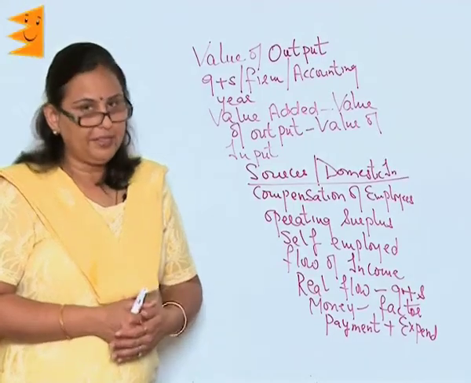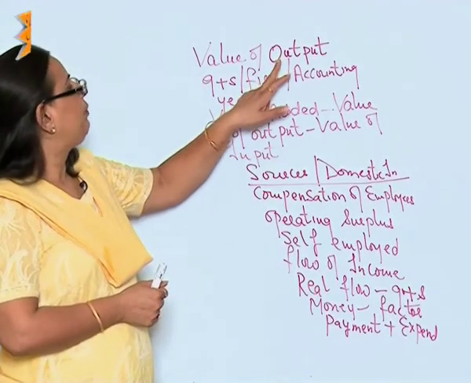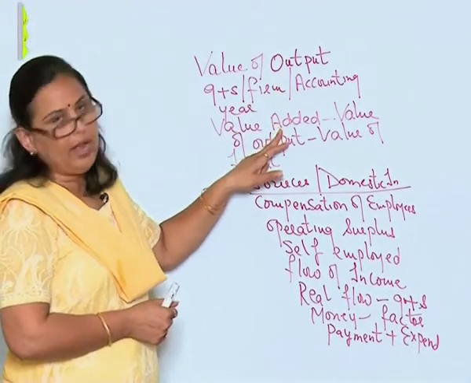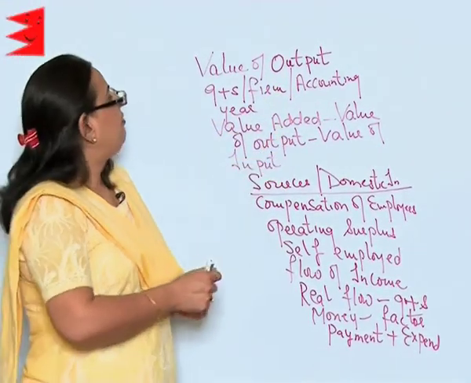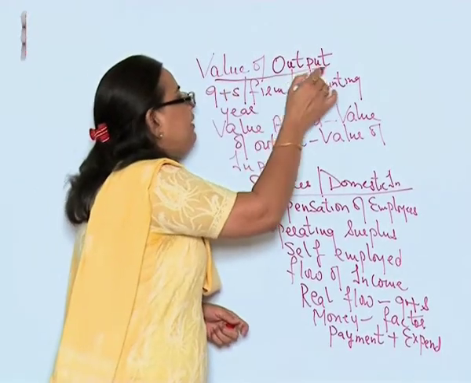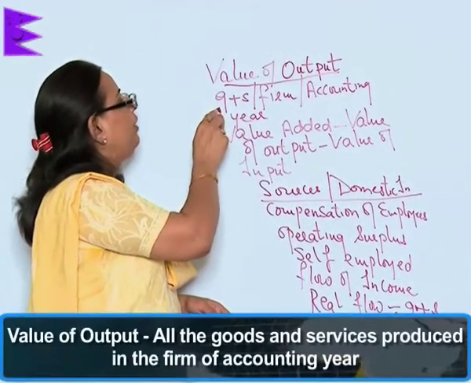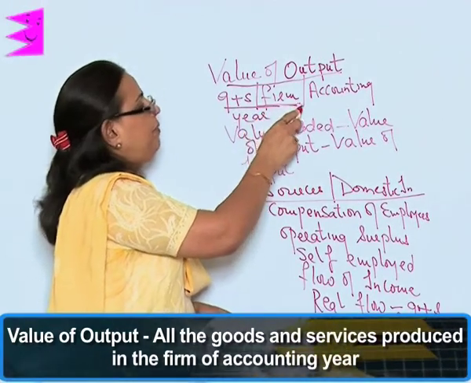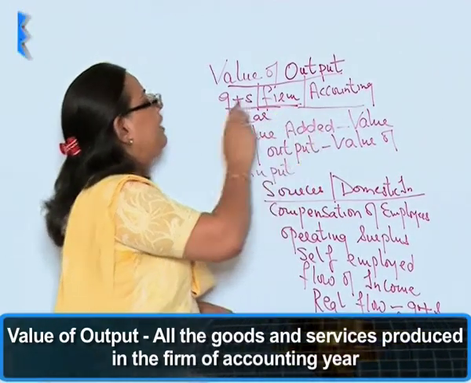Now we'll try and understand the difference between value of output and value added. Value of output means all the goods and services which are produced in a firm in the accounting year.